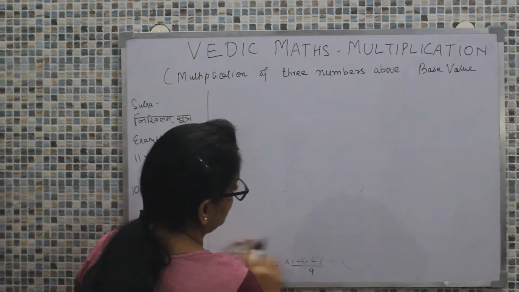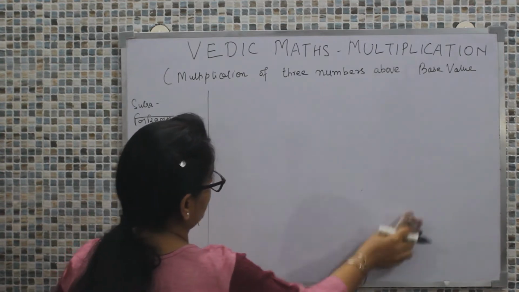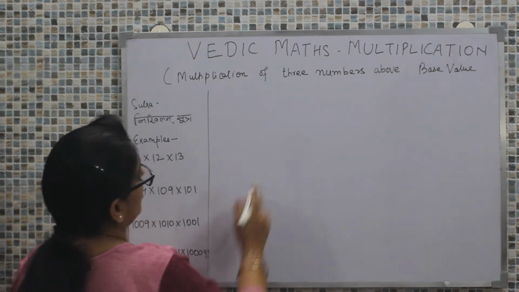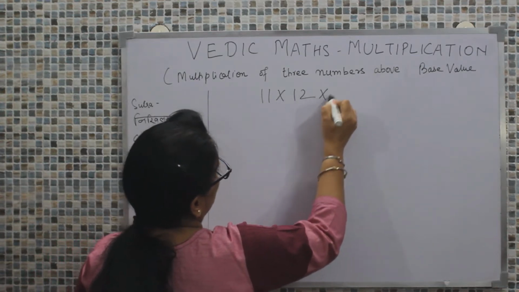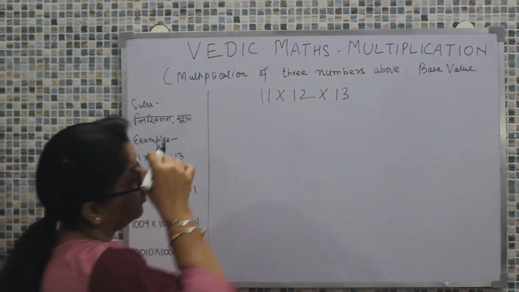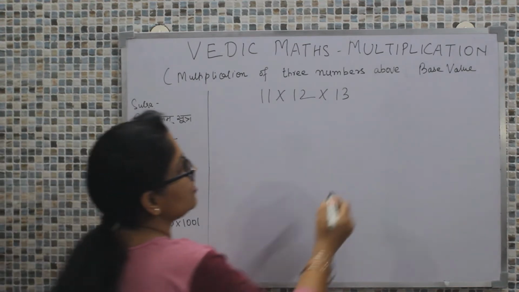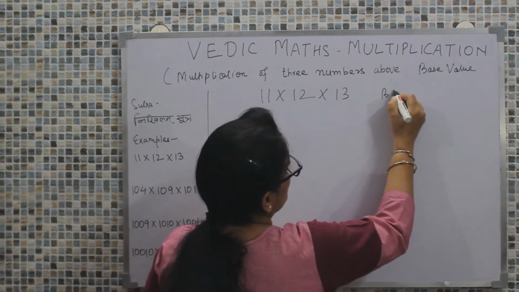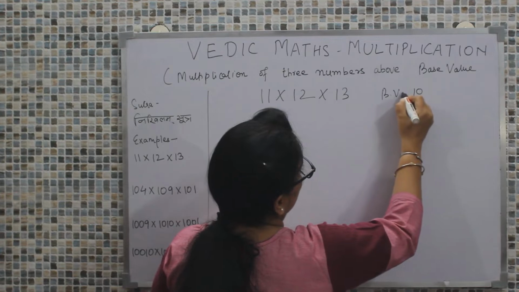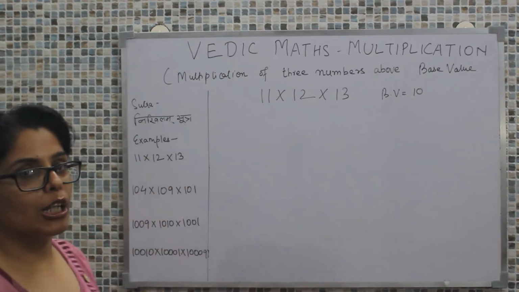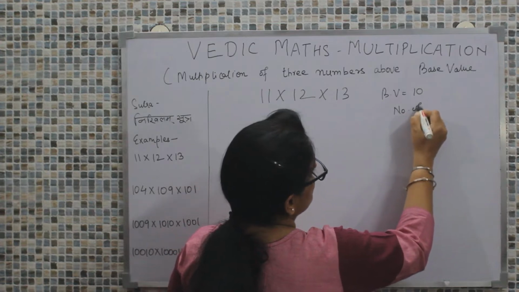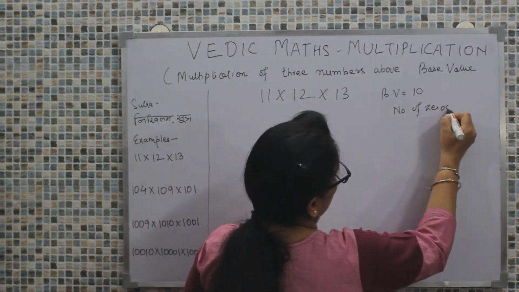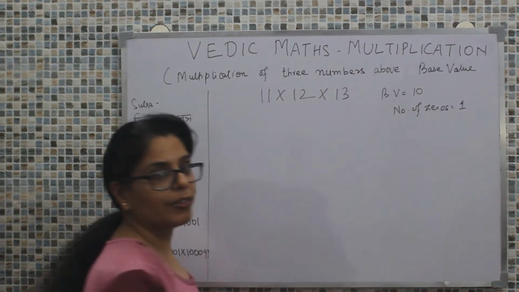Now taking up the first example. The first example is 11 into 12 into 13. As we have discussed here, the base value is 10 and the number of zeros in 10 is 1. Fine.